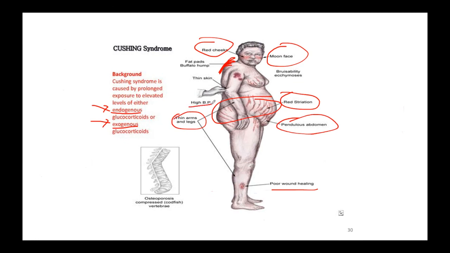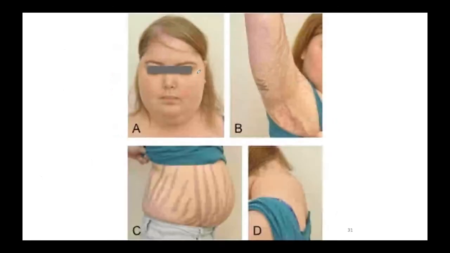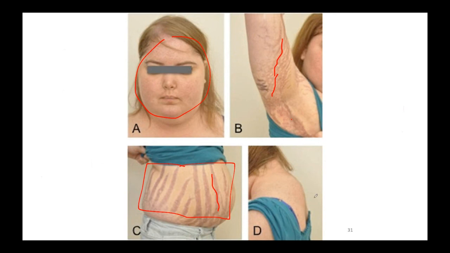And you get high blood pressure. You get thin skin. That's Cushing's syndrome. See the round face here? You see the purple striae, those stretch marks. You see the stretch marks along the belly. This is much thicker than the lower portion. And again, you get that buffalo hump here at the base of the neck. Okay.